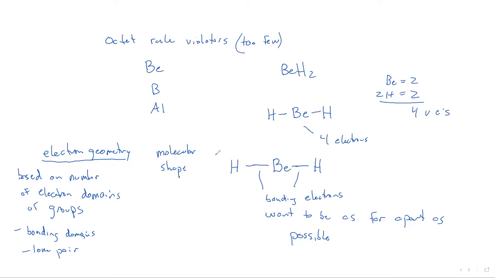Another thing I need to say is that we're always referring to a central atom. So when we're talking about the electron geometry, it's always going to be around a central atom, right? There always has to be an atom in the center to come up with these bonding domains.